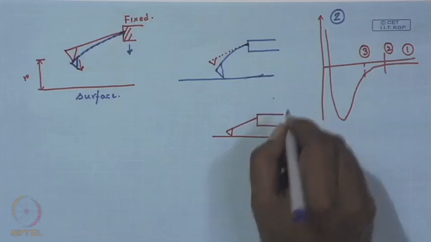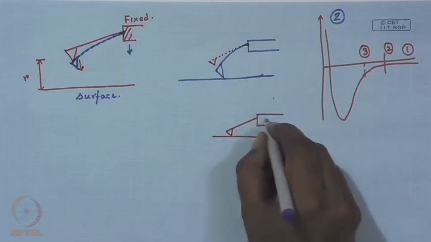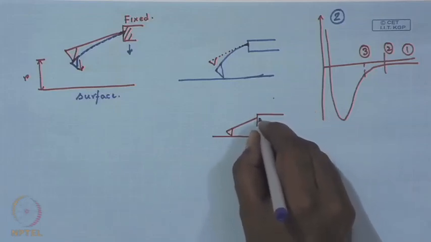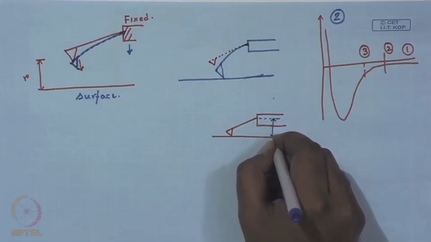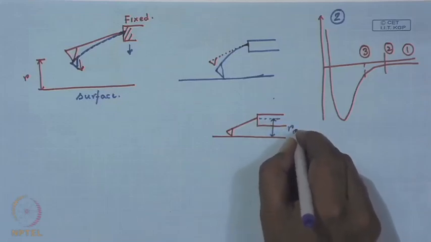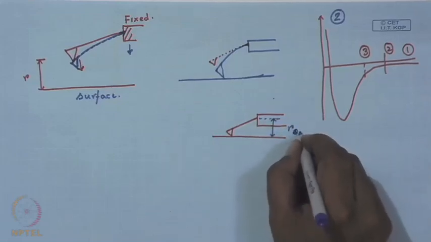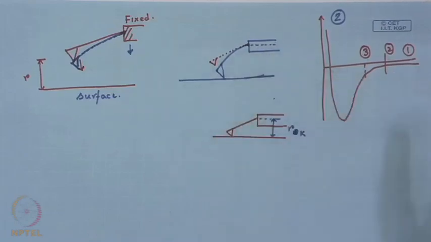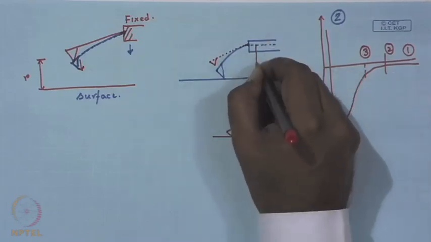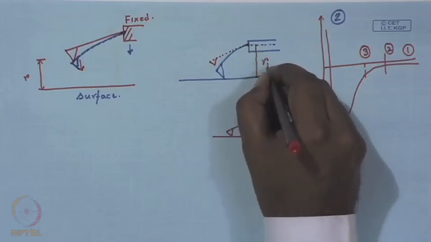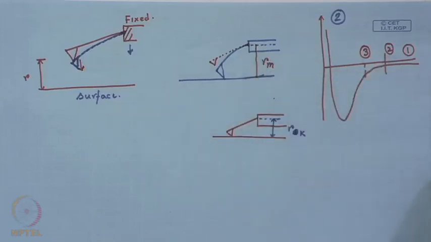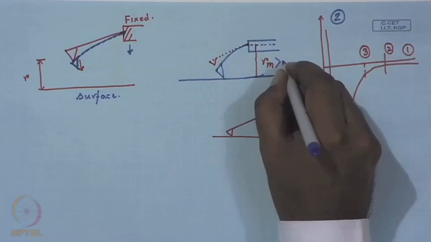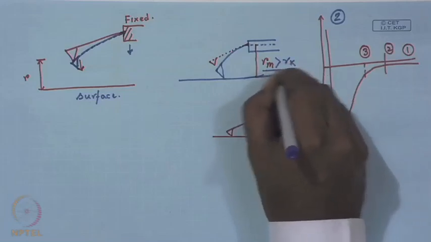You use the stepper motor to bring it in contact, and let us say the distance of some datum would have been r0, or rk, let us say. But if you now look at this separation distance, let us say rm, this is found to be higher than rk.